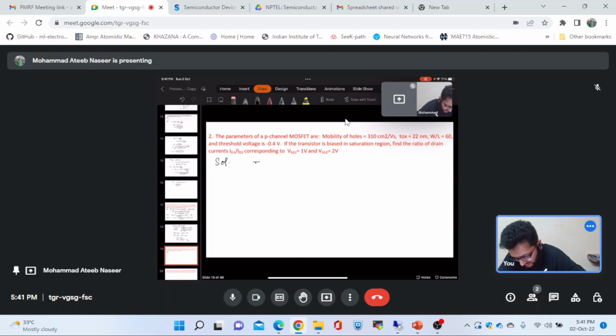Now let us write down the equation. Since this is a p-type MOSFET, the saturation current will simply be given by, if I write the general expression, 1 by 2 mu p Cox, where mu p is the mobility of holes, W by L, (VSG plus VTH) whole square.